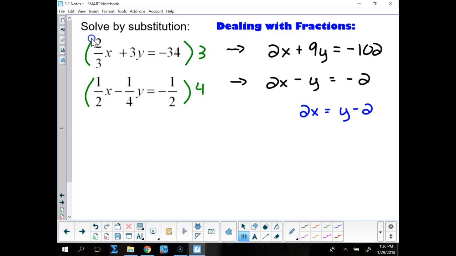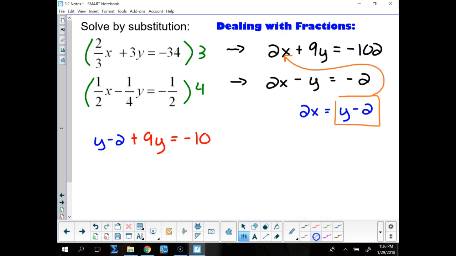Now, could I take this and plug it in for 2x? Yeah, I can. So then this would become y minus 2 plus 9y equals negative 102.